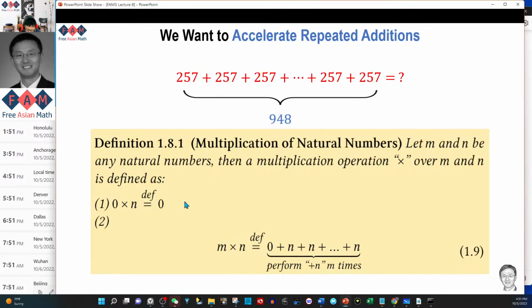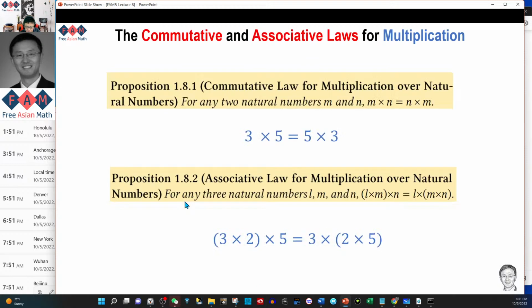Okay? Now, remember we have commutative properties or commutative law and associative law for addition. Okay, we were very careful to say, we did not say commutative law and associative law without any qualification.